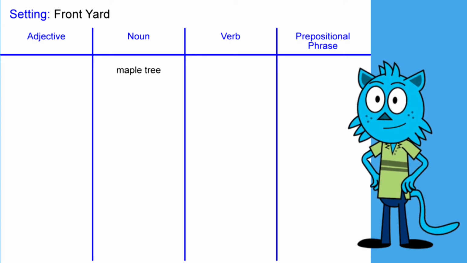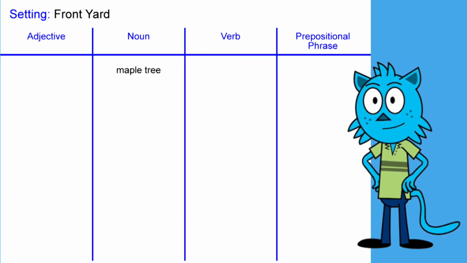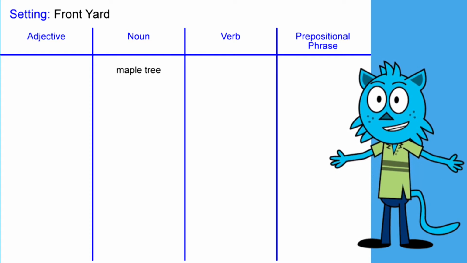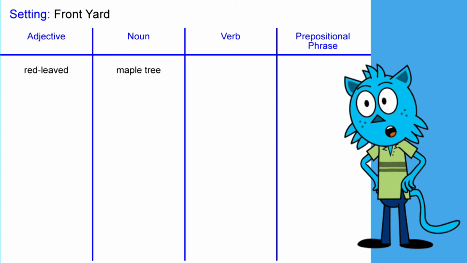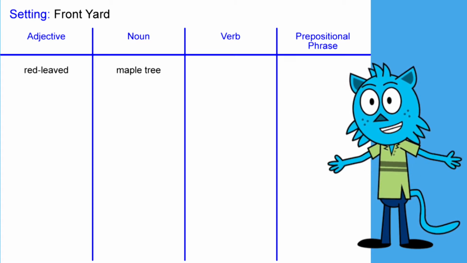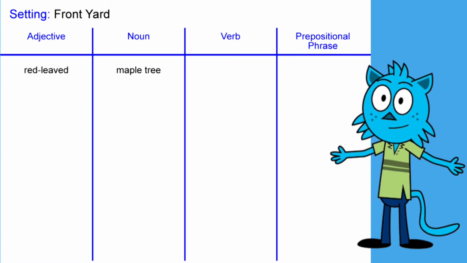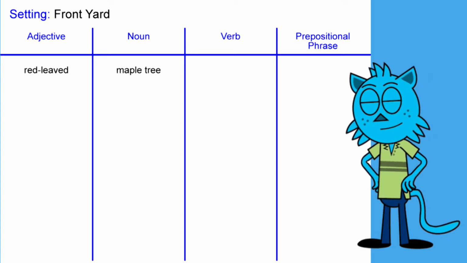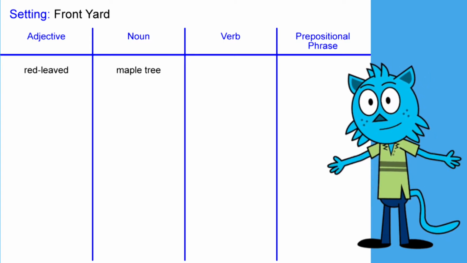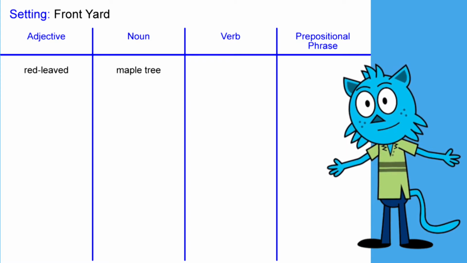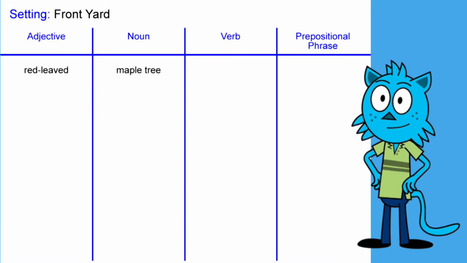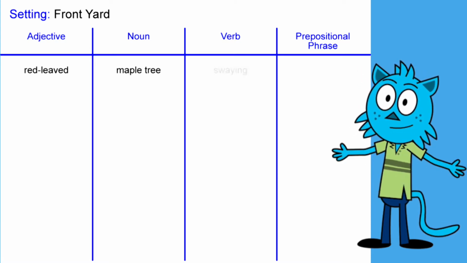Tall, red-leaved, crooked. I'll choose this one. Next, a verb. What could the tree be doing? That might be a little tricky since trees don't seem to do much, but a tree could be swaying, towering, casting a shadow, stretching. I'll choose this one.